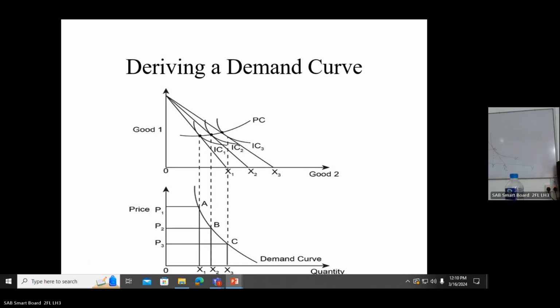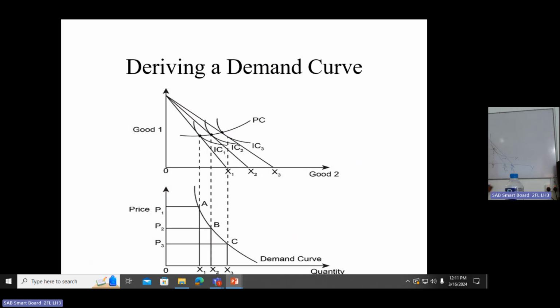So, if we assume the price of product Y decreases from PY0 to PY1, there is a decline in the price of product Y. The money income does not change.